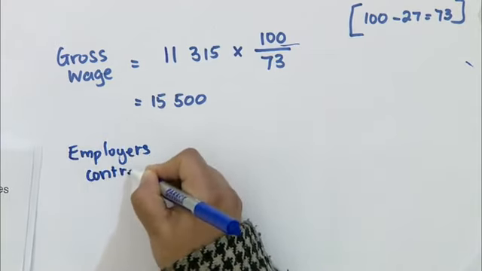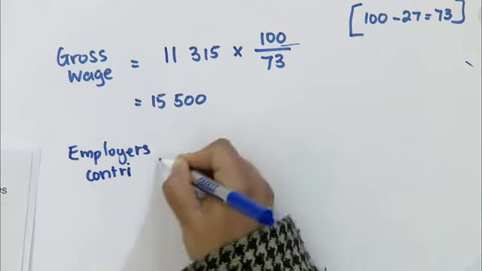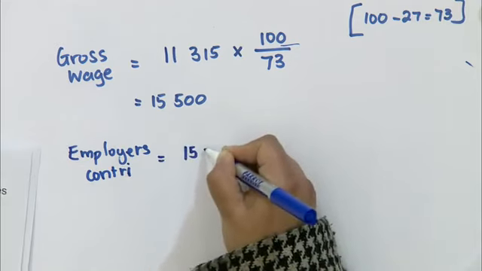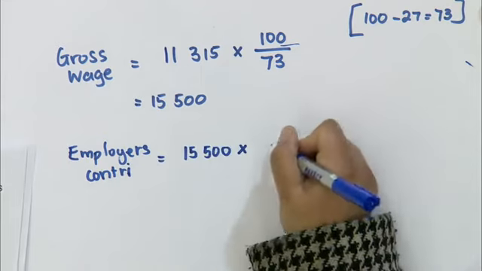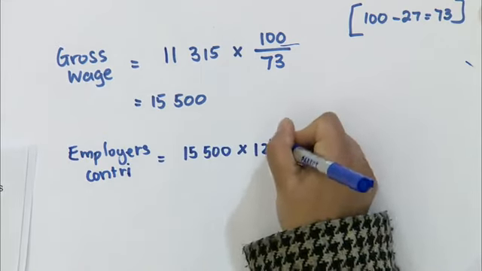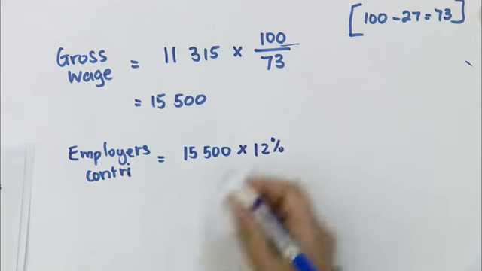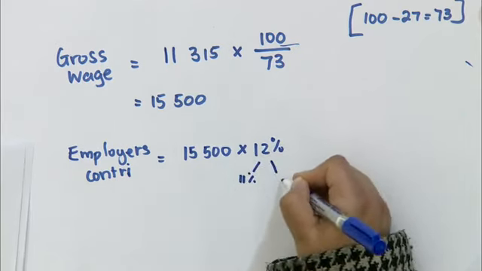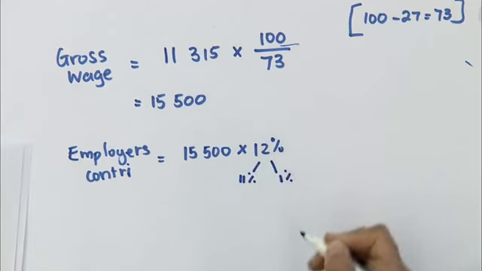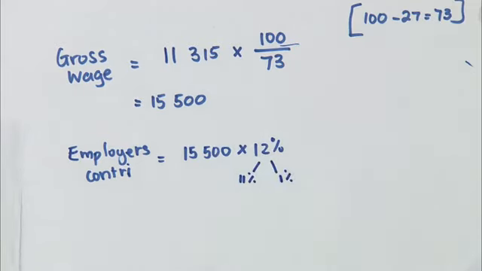But why complicate matters? What we can do is just say employer's contribution. Right, so we're going to simply say 15,500 times 12%. What does that 12% mean? It will make up the 11% and the 1%. And what is 11 plus 1?